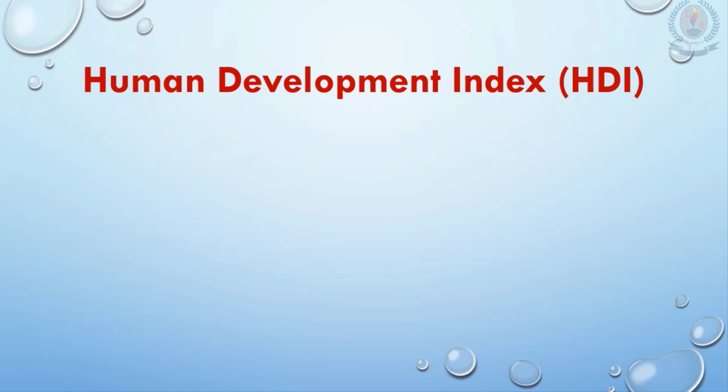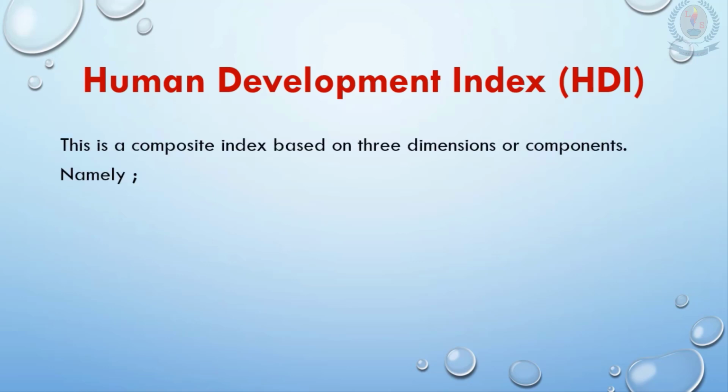Human Development Index, also known as the HDI. This is a composite index based on 3 dimensions or components, namely health measured by the life expectancy at birth. That means we make an expectancy of how long that baby will live.